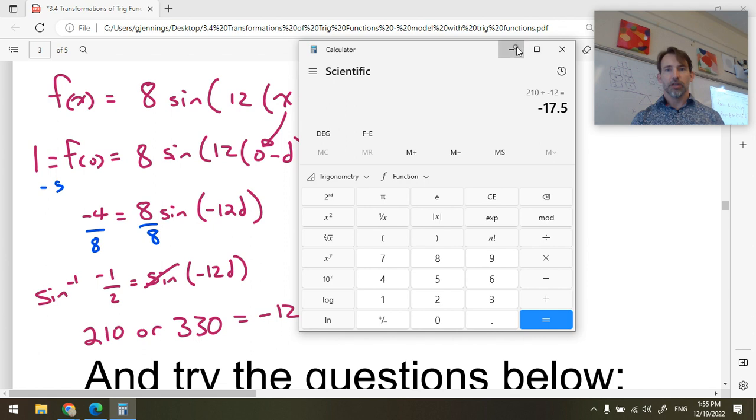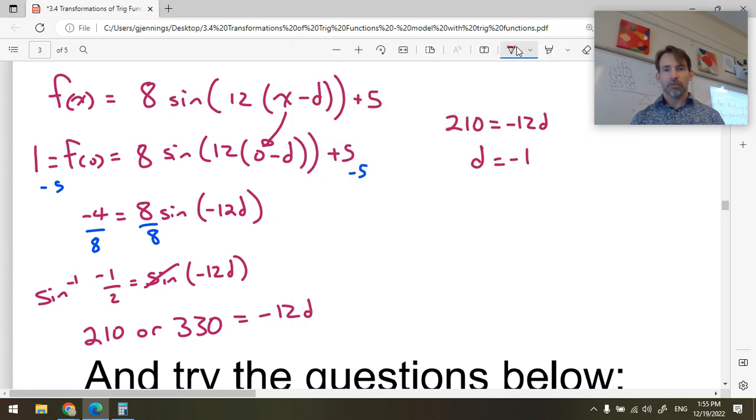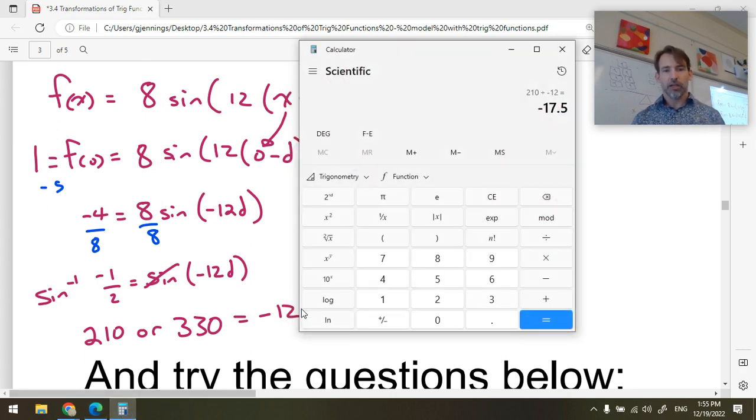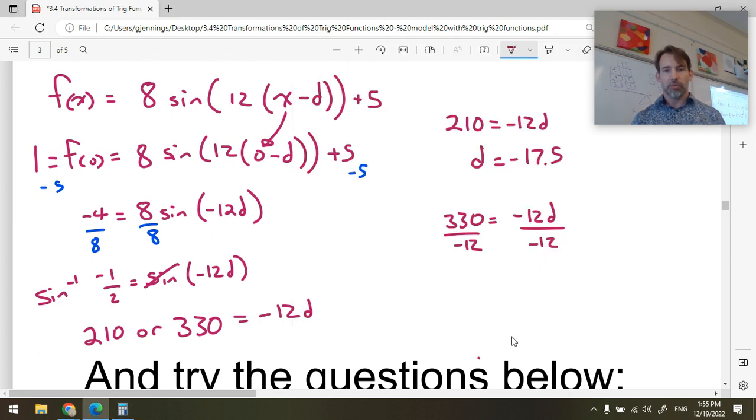And the other one is 330 equals negative 12d. You divide both sides by negative 12, and that gives negative 27.5.